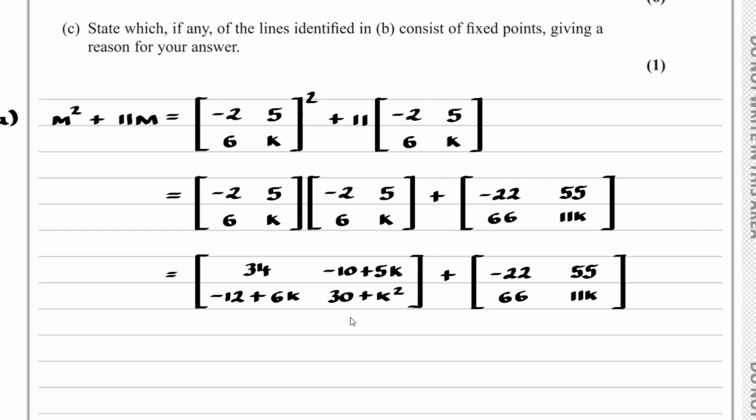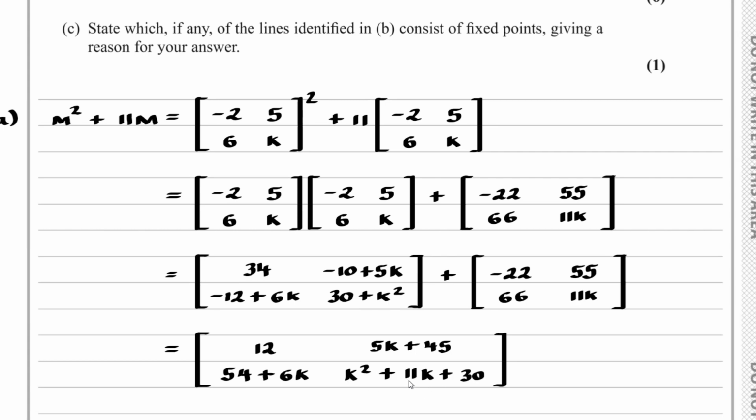And if we combine these 2 by 2 matrices, 34 subtract 22, that's 12. −10 + 5k + 55, that's 5k + 45. Then we have −12 + 6k + 66, which is 54 + 6k. Then we have 30 + k² + the 11k, which is k² + 11k + 30.